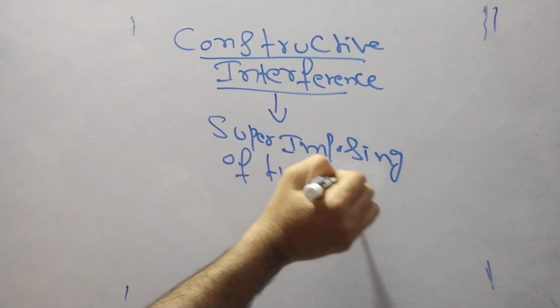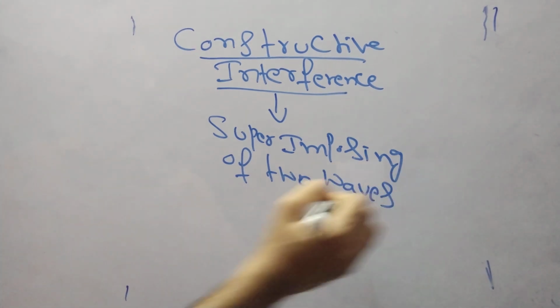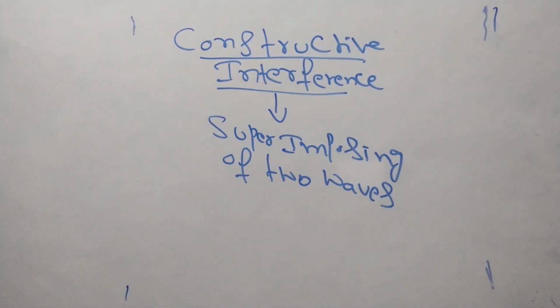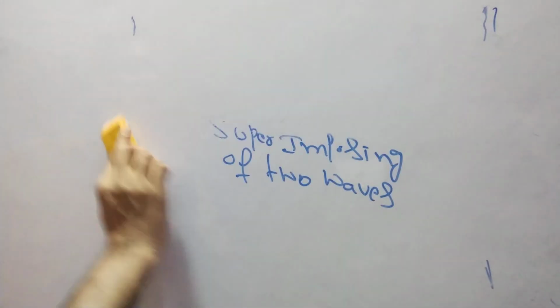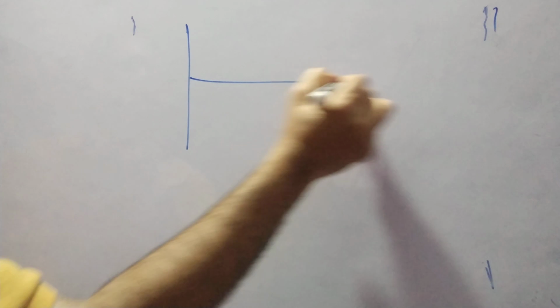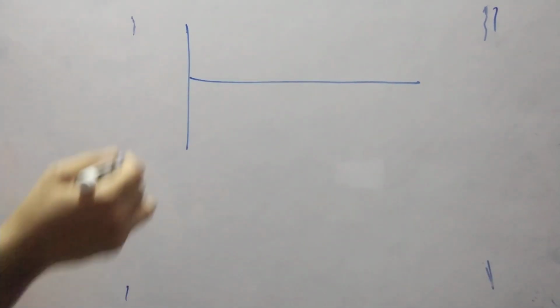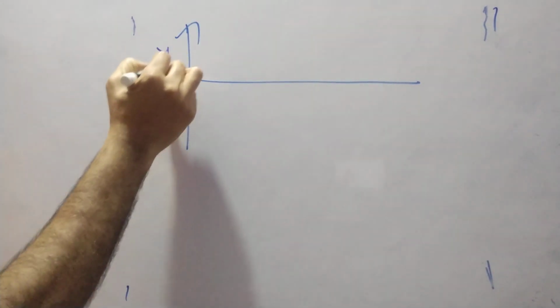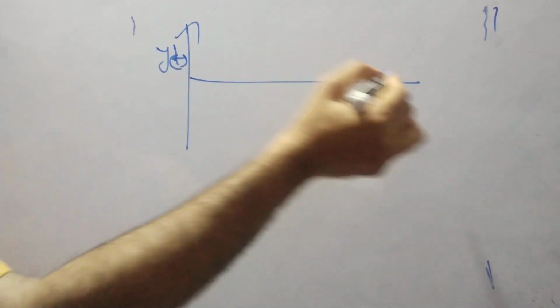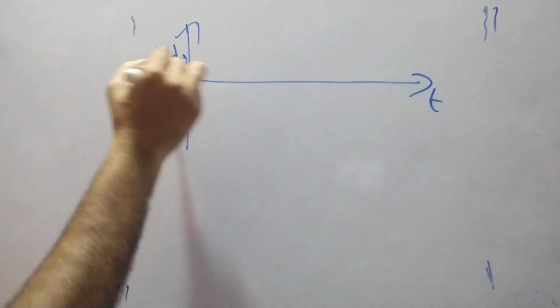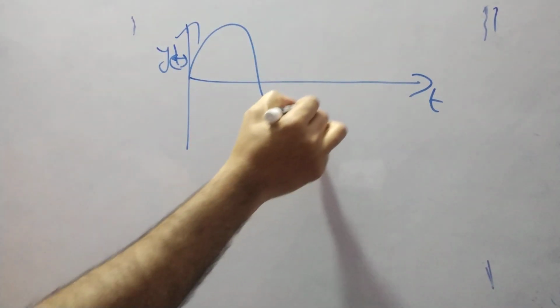So first you have to know what crest and trough of a wave are. Then only we can define constructive and destructive interference. Already in the previous videos I explained crest and trough, and I'm summarizing here. On the time axis versus displacement, the wave is like this.